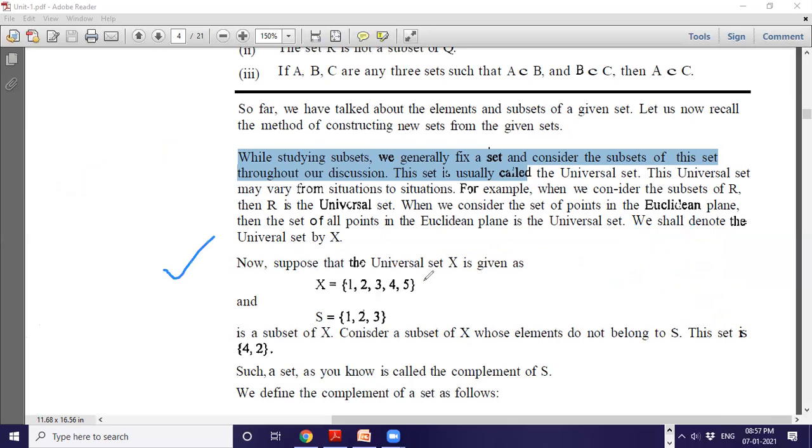Now suppose that universal set X is given as X = {1, 2, 3, 4, 5}, right? Now S = {1, 2, 3}. S is a proper subset of X, right? So consider a subset of X whose elements do not belong to S. So what will be that set?